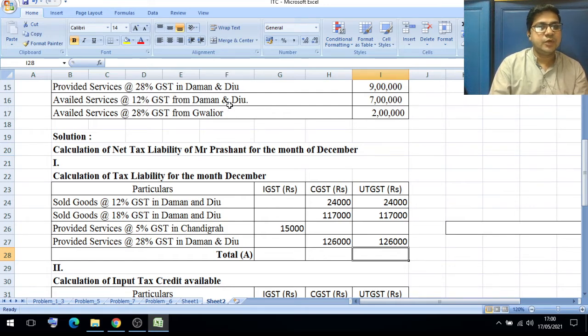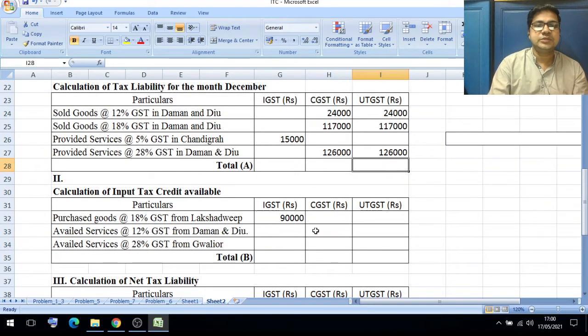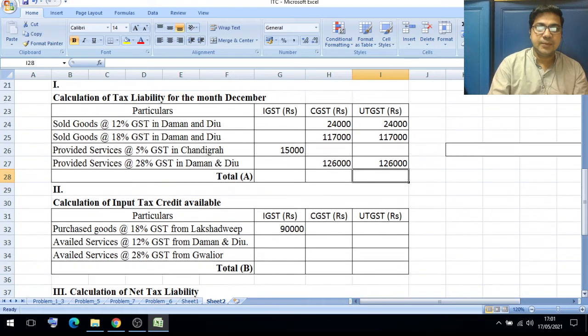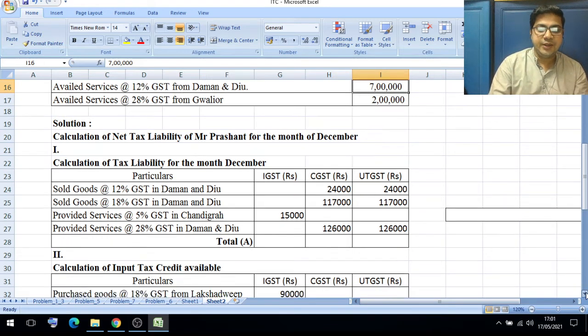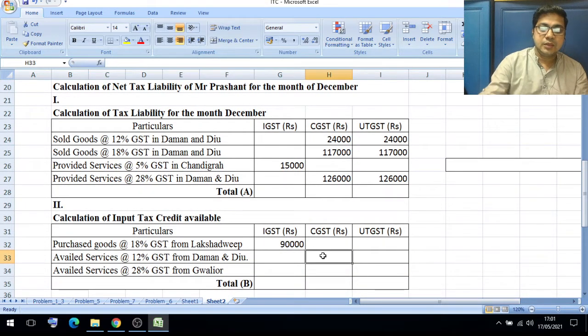12% GST from Daman and Diu, 7 lakhs. It means he has received the services from Daman and Diu and he belongs to Daman and Diu. It means under such availed services, services received from within the Union Territory, rupees 7 lakhs, and the rate of GST is 12%. So we have to find out CGST tax and UTGST tax.